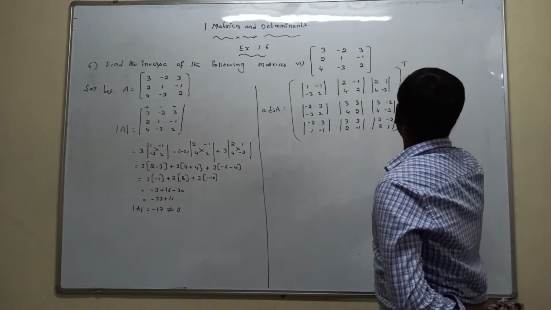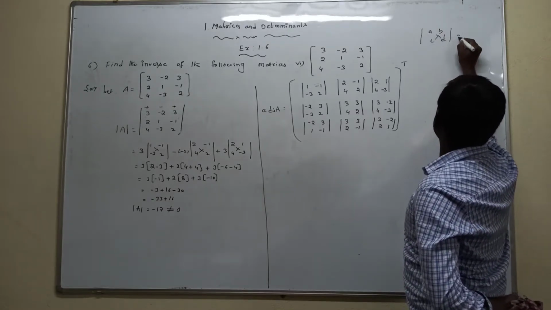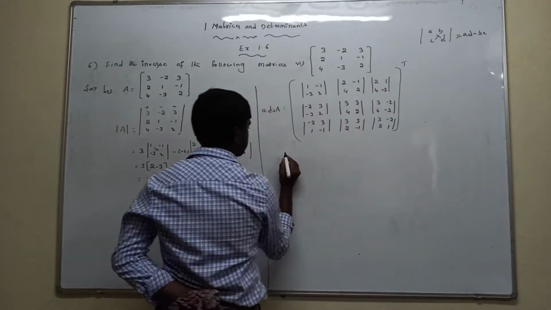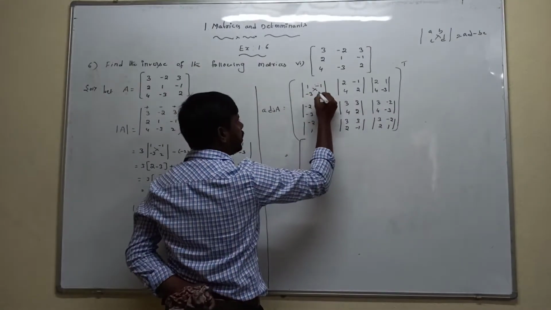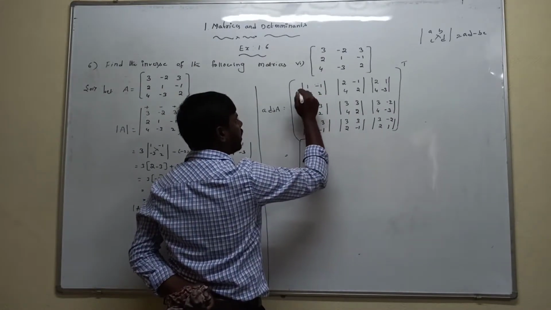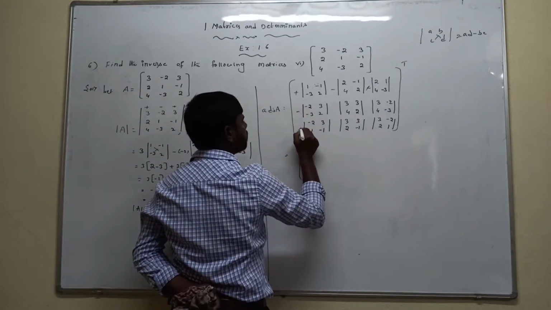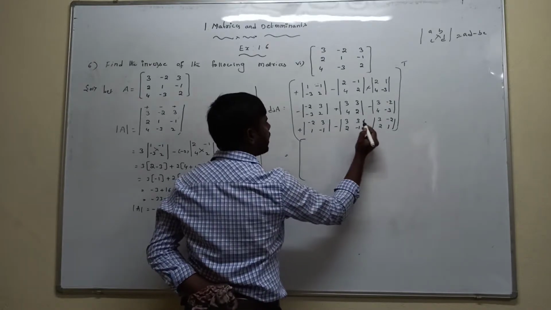So now, what is the formula of the determinant of a 2 by 2 matrix with entries a, b, c, d? The formula is ad minus bc. So that formula should apply here. So 1 into 2, after that put the signs: plus, minus, plus, minus, plus, minus, plus, minus, plus.